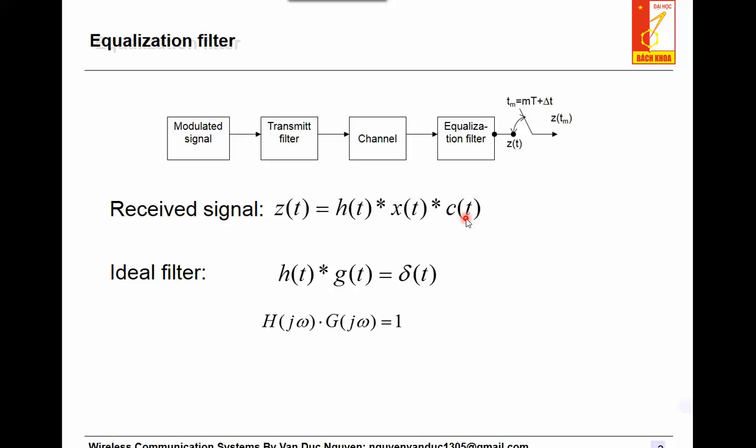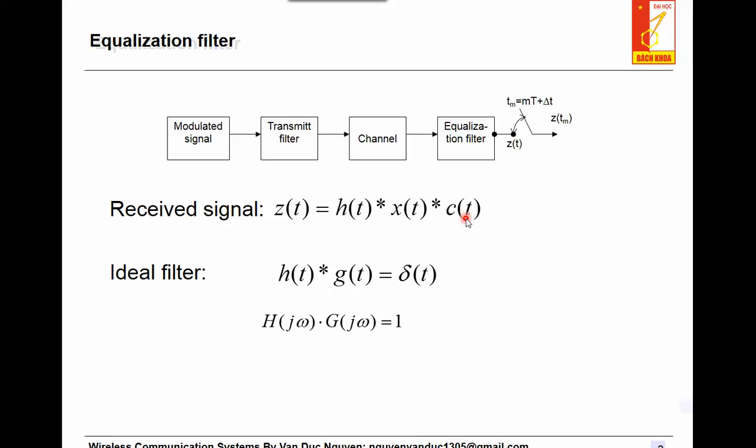It means that if you want the receiver signal to be equal to the transmitter signal, the filter should have this relation: the convolution of the channel with the transmitter filter, and also with the receiver equalization filter, should be a direct input.